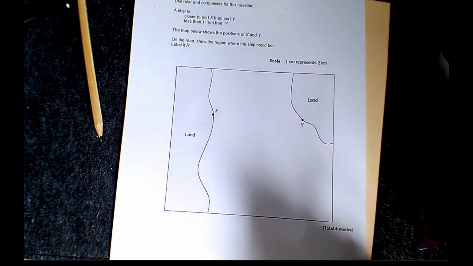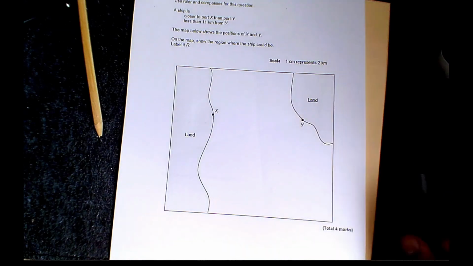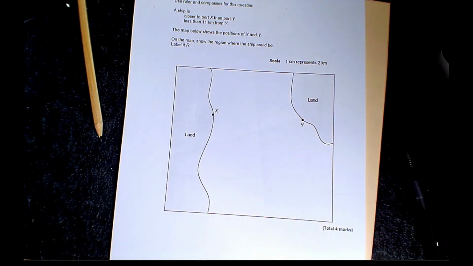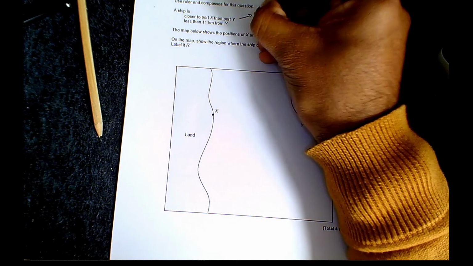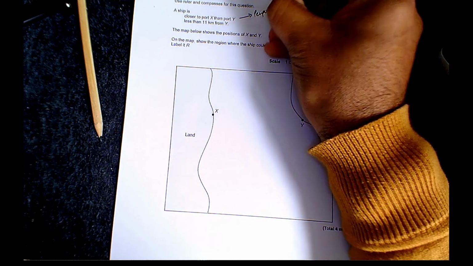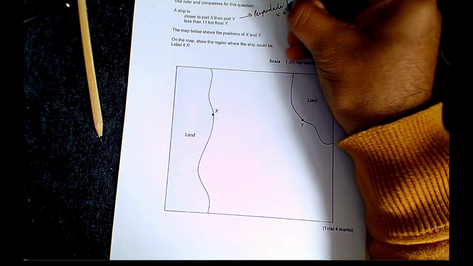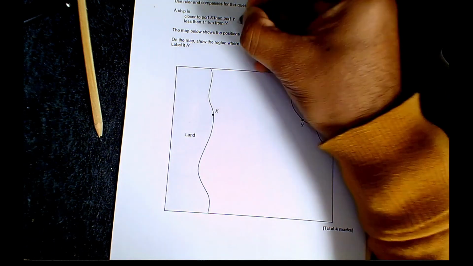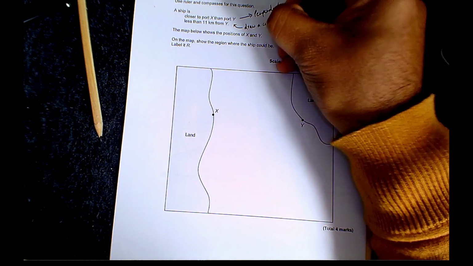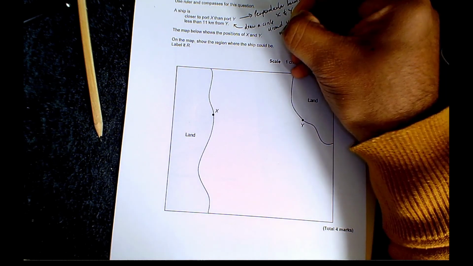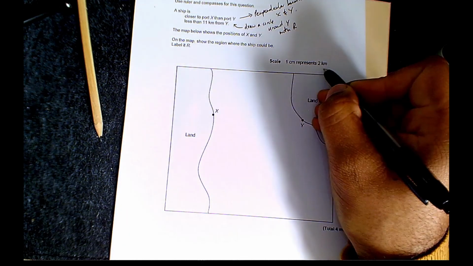Then moving on to our next question, and looking at this, it says use a ruler and compass for this question. It says that a ship is closer to port X than Y. So what we need to do here is a perpendicular bisector for Y and X, and then I need to draw a circle around Y with a radius of, now it says 11 kilometers, and 1 centimeter equals 2 kilometers.